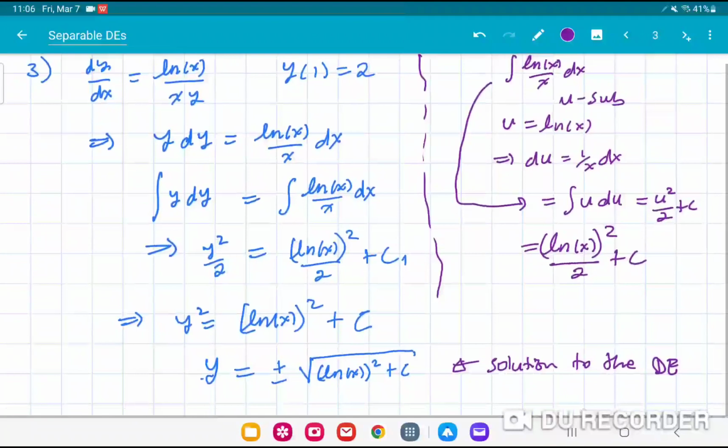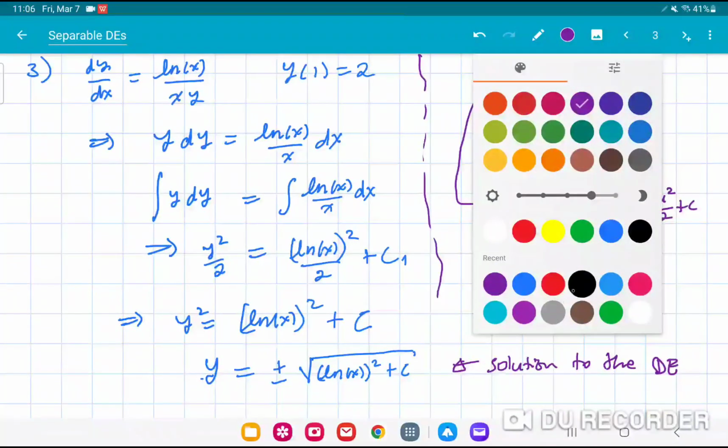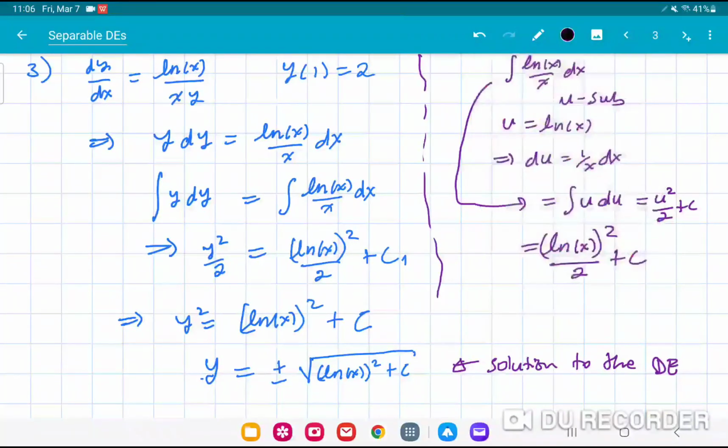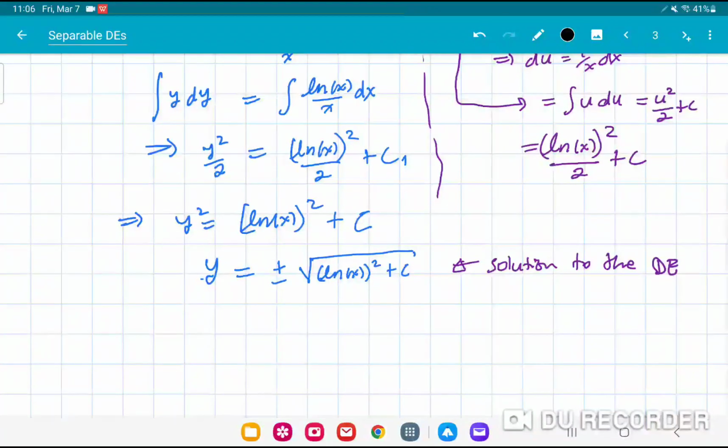Now that we have this, let's finish this problem. Let's see if we can find c given this. So I'm going to stick 1 in for x and then set it to 2. So y of 1 is plus or minus the square root of natural log of 1 to the power of 2 plus c.